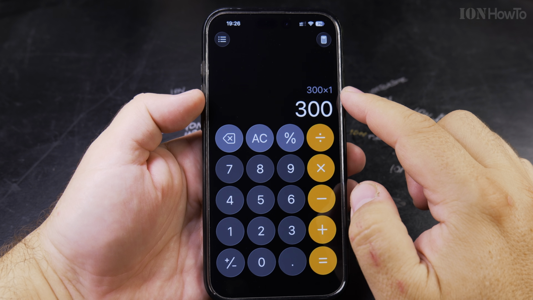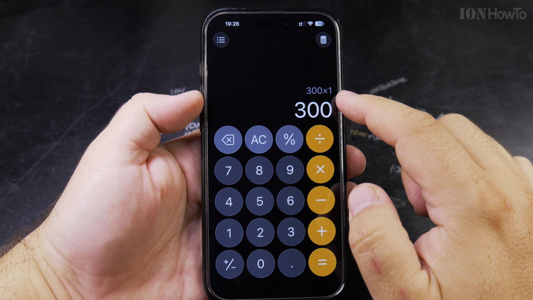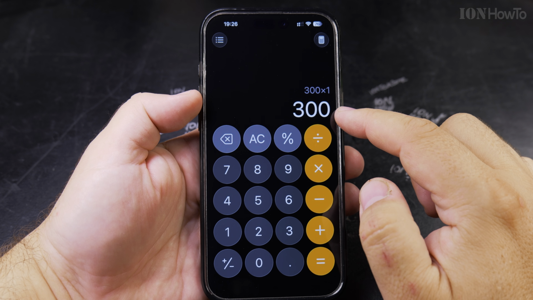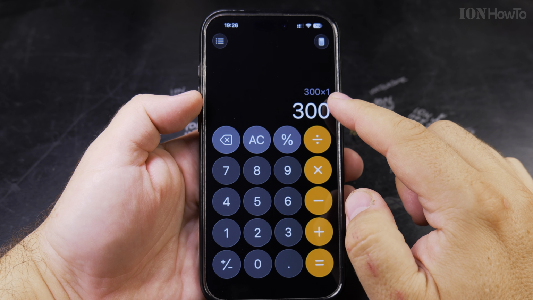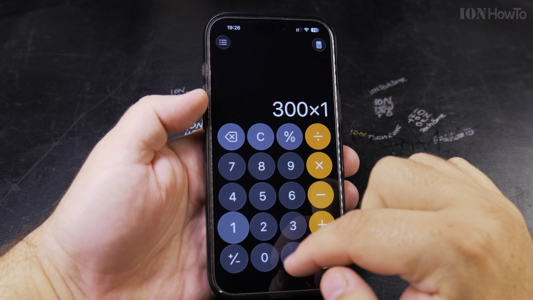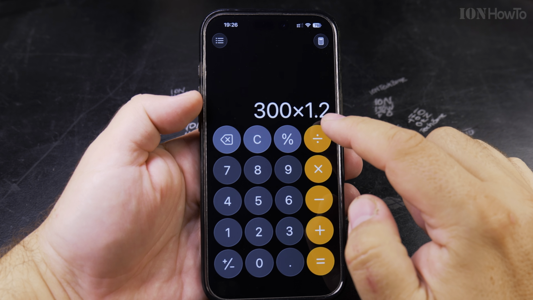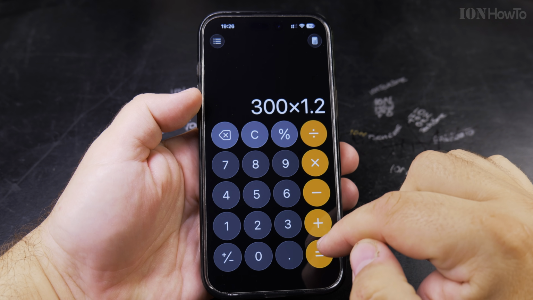So I multiply 300 by 100%, and it's going to be the same amount. If I want to add 20% to 300, I will multiply 300 by 1.2. I say 1.2 because this is 20%, so it's 120%.